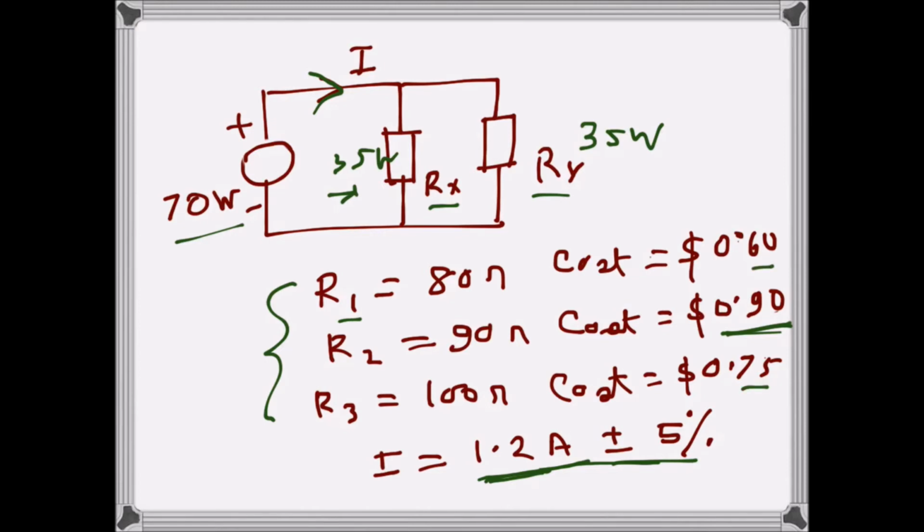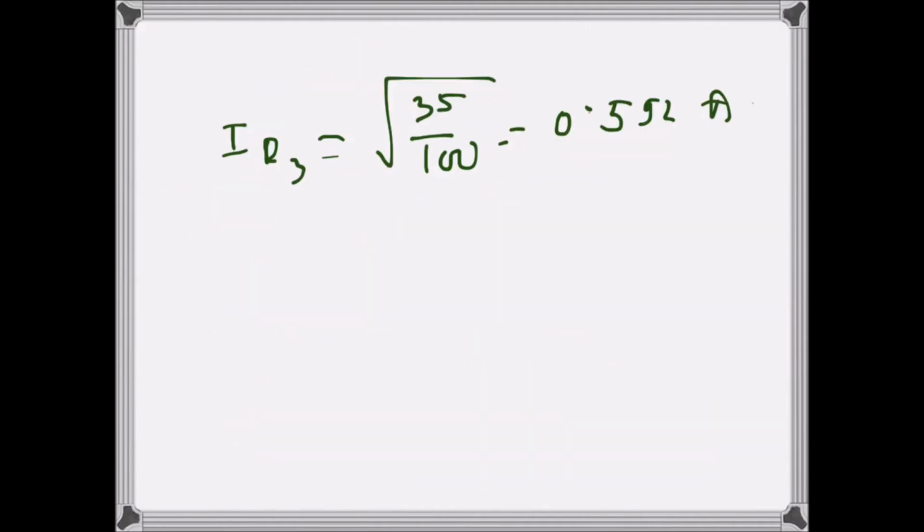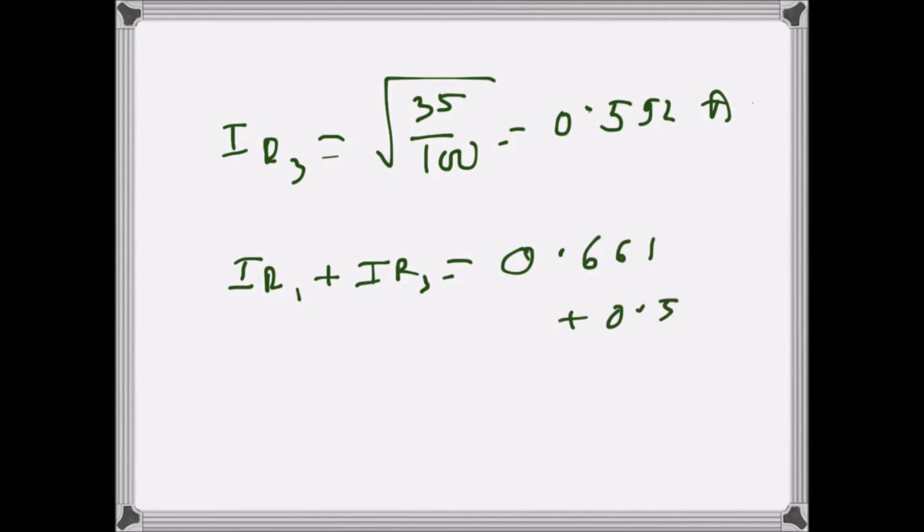So both criteria have to be met, but of course the current is more important because the current has to be in that range, and we will see if we can minimize the cost as well. So if we do R1 and R3, the total current, IR1 plus IR3, will be 0.661 plus 0.592, so that's 1.25 amps.